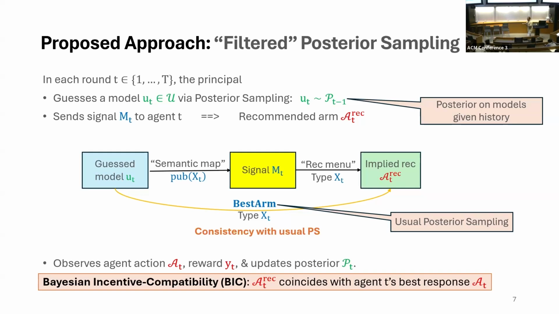Why is that good? That gives us optimal regret. So we need incentive compatibility, and the relevant notion here is BIC, which means that the implied recommendation the mechanism outputs coincides with the agent's best response given the signal.